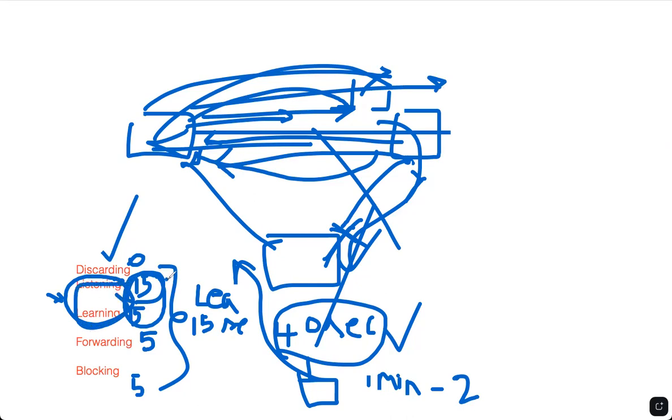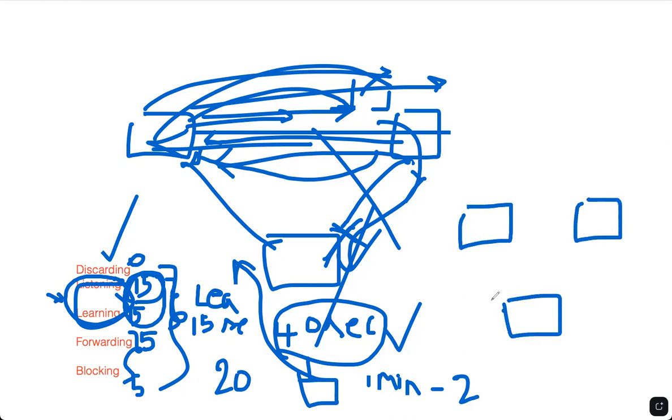So now they brought the 30 seconds close to 20 seconds, because forwarding and blocking will also be done at a similar time, since listening and learning are done at a similar time. This one sends the BPDU, this one receives the BPDU at the same time, so they immediately put the port in the forwarding or blocking state. They converted that into 5 seconds.